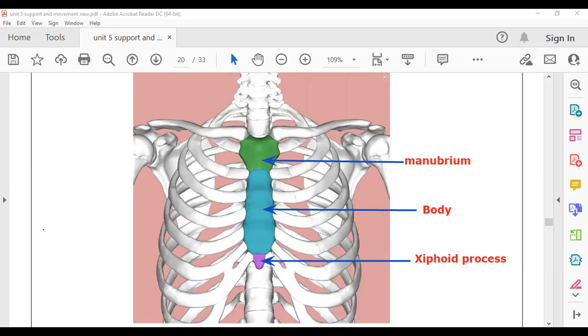Here, this is a bone called clavicle. What is the bone? Clavicle.